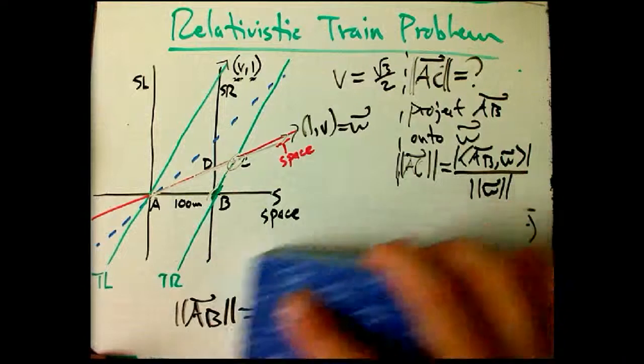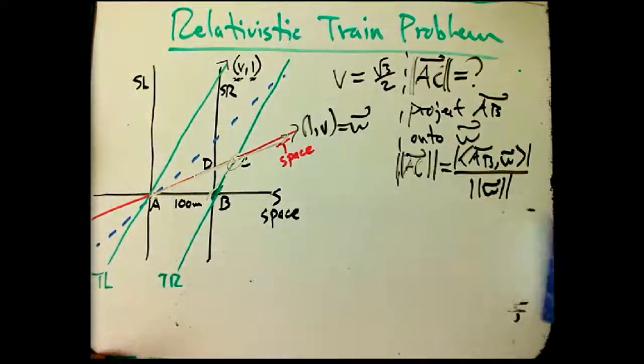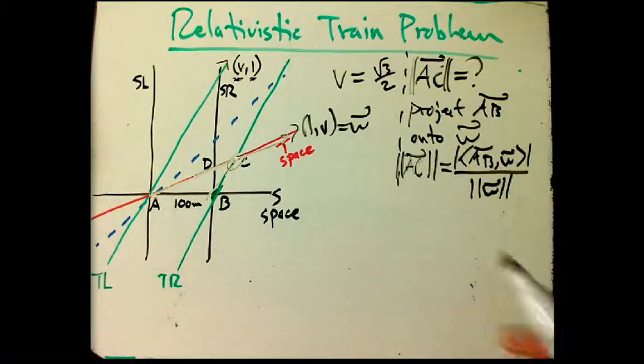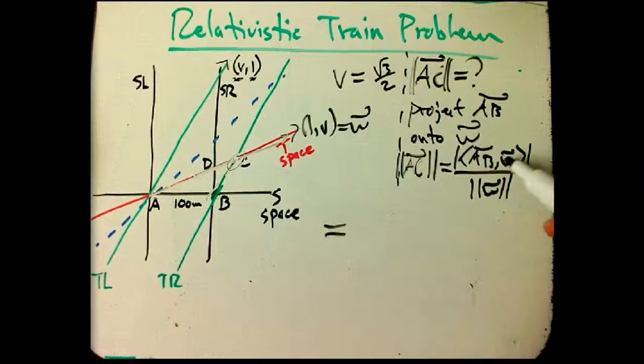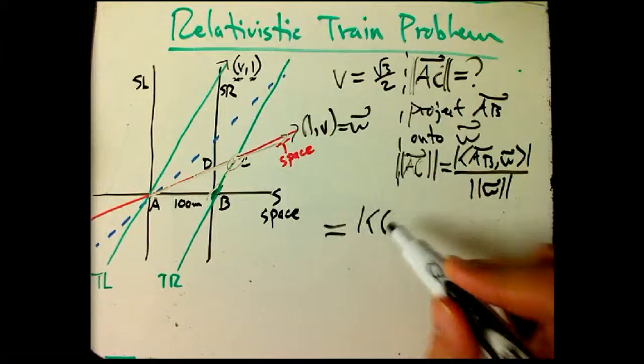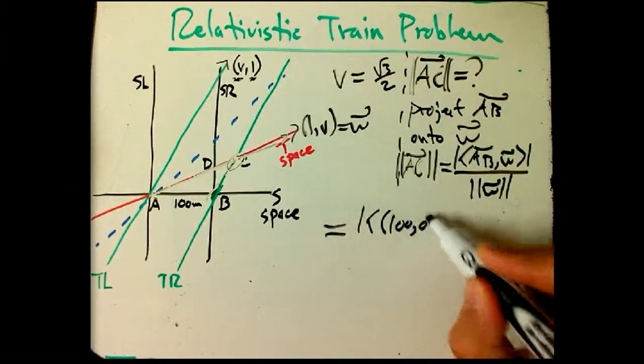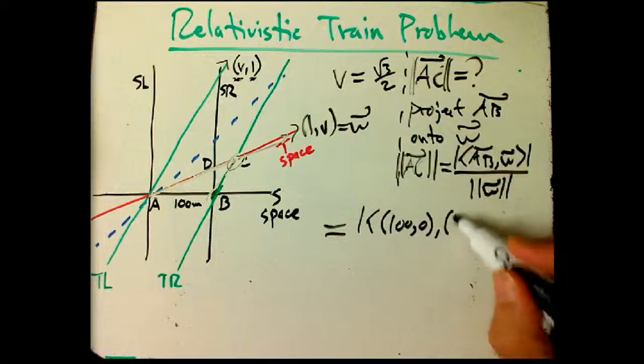I'm going to have to erase that, but remember, the 50 and 200 will come out of our calculations, and we'll check those. So let's calculate that out. AB is (100, 0), and W is (1, v).